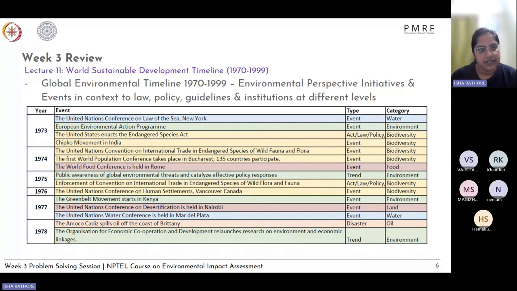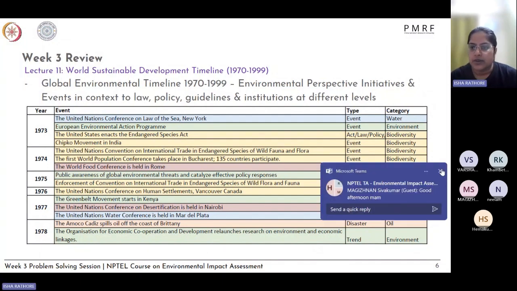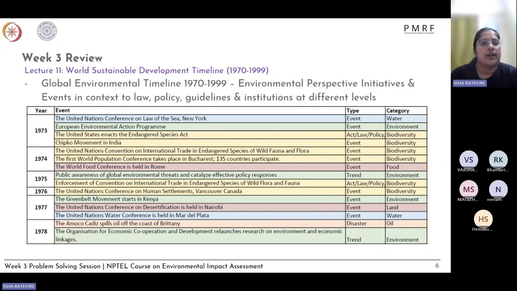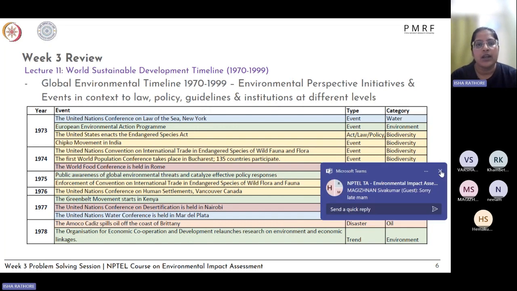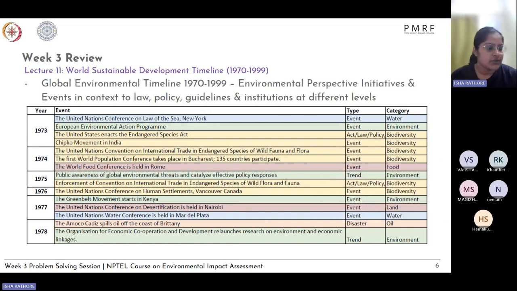So we looked at these different categories and how these perspectives and new rules, policies, and events were happening, and how they influenced how these laws, policies, and guidelines were coming up, and the different institutions and organizations which were forming at the different levels.